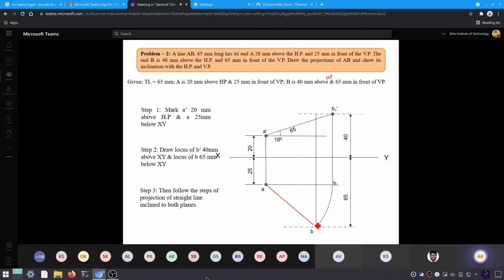So we drop a straight line parallel to A dash up to the locus of B1 dash, right? So this point will give you the B dash value. Is it fine? Yes, sir.